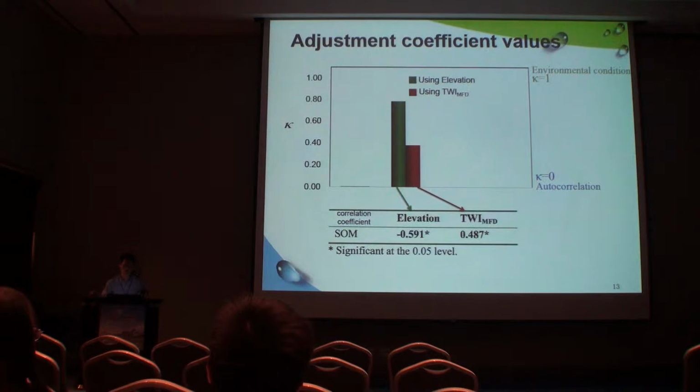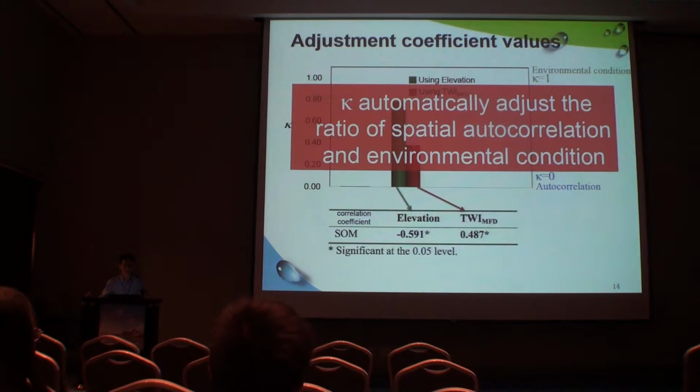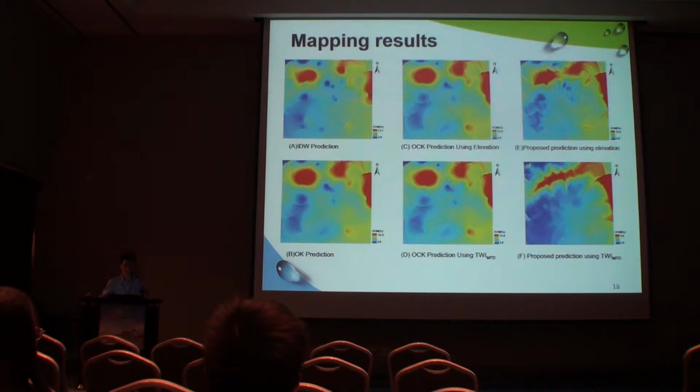As I mentioned before, the higher the k value, the stronger the environmental condition. So this result shows that higher k values indicate a higher correlation coefficient. In other words, the k value can automatically adjust the ratio of spatial autocorrelation and environmental conditions.